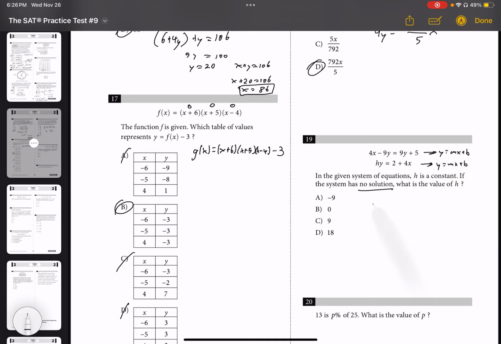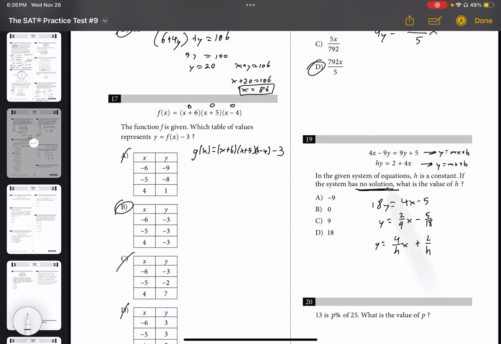So manipulating the first equation, we get 18y is equal to 4x minus 5, so y is equal to 4 over 18, or 2 over 9x minus 5 over 18. And then for the second equation, we get y is equal to 4 over hx plus 2 over h.